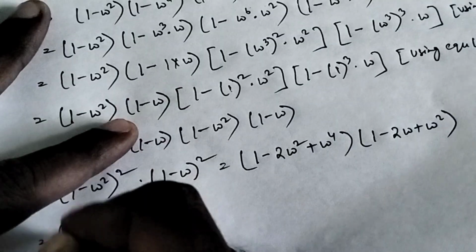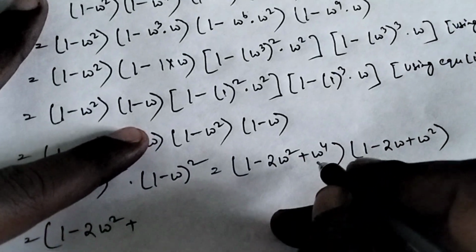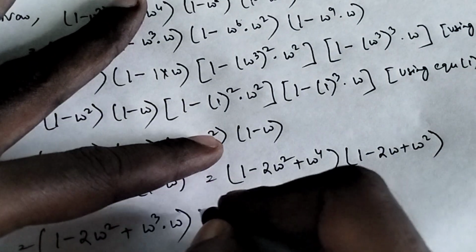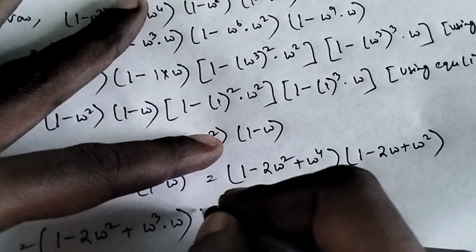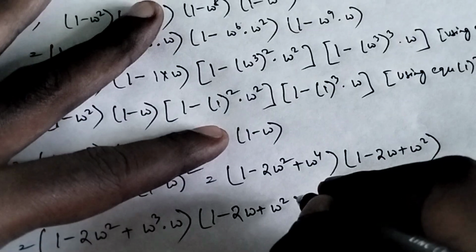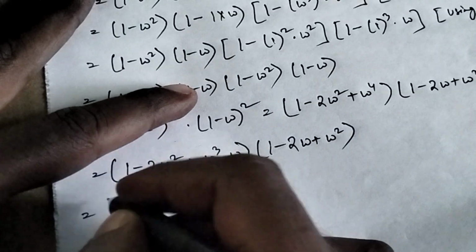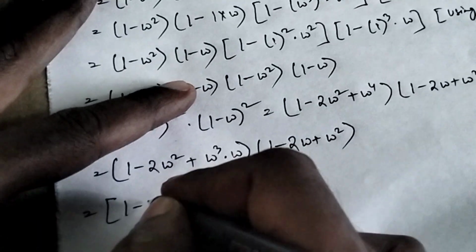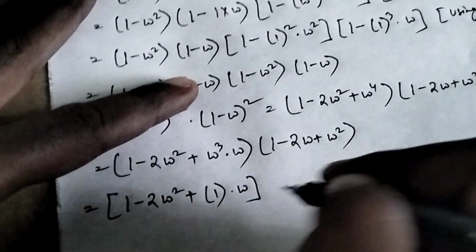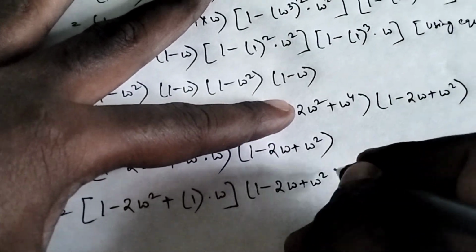So now this 1 minus 2 omega square plus omega to the power 4 can be written as omega cube into omega. And this one I'm writing as it is, 1 minus 2 omega plus omega square. Now this will be 1 minus 2 omega square plus omega cube is 1 into omega, and 1 minus 2 omega plus omega square.